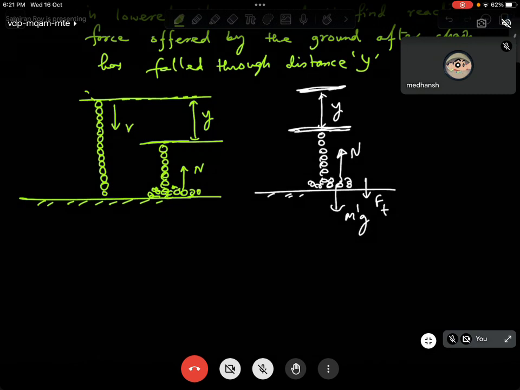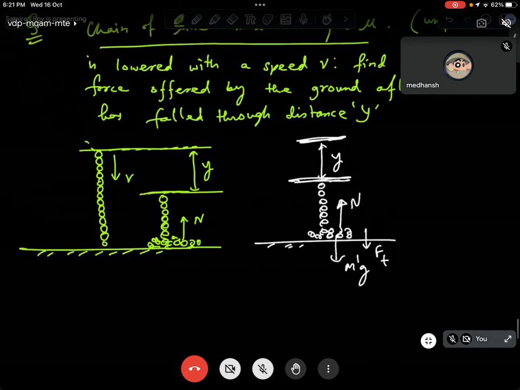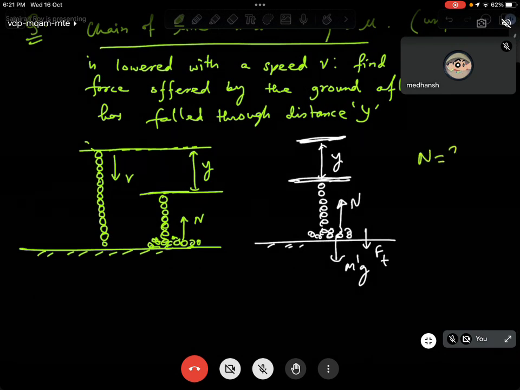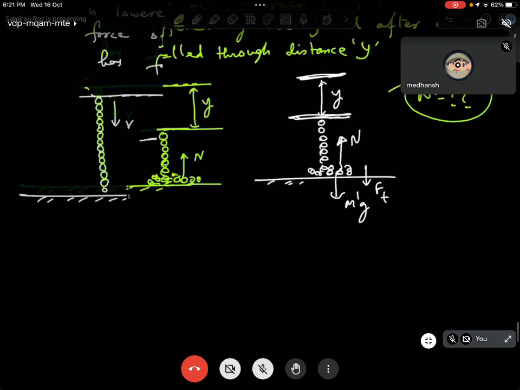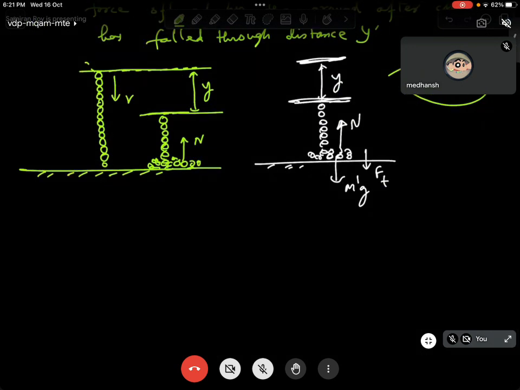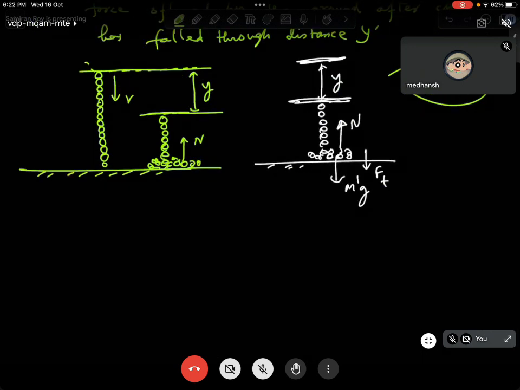What do I have to find? I have to find the reaction force offered by the ground. Basically, I have to find the normal force. The chain will provide some thrust force on the ground.